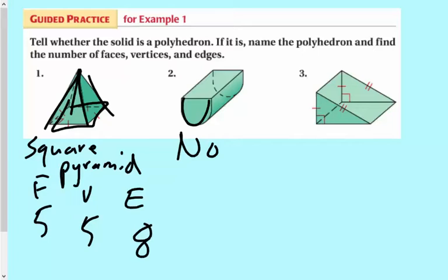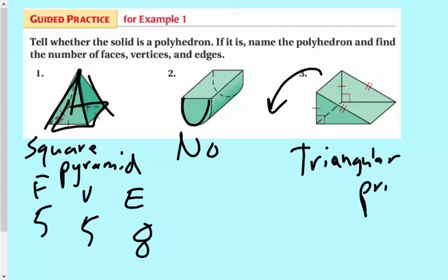Now again, this is a problem that looks like it could be a pyramid, but it's definitely not a pyramid. It's a prism, but you have to rotate it over. So this would be a triangular prism. I don't think you'd have to say right triangular prism.